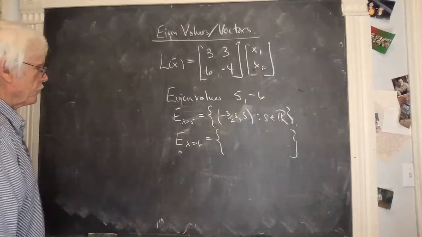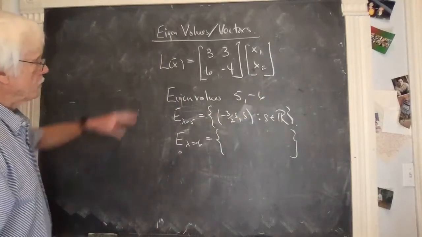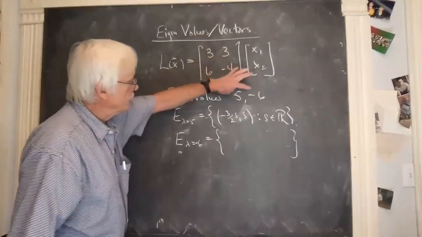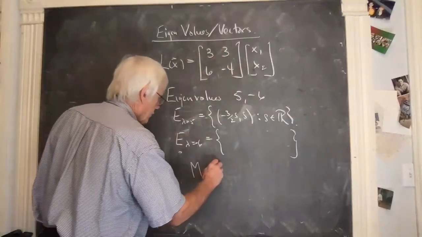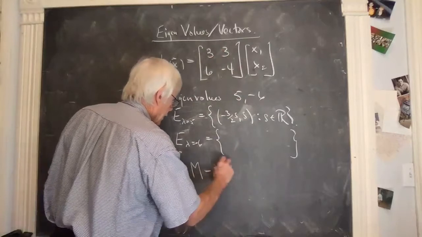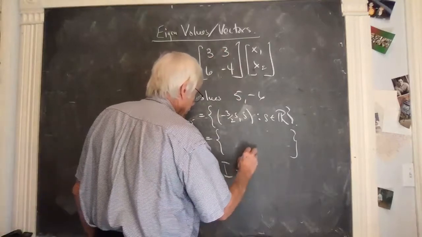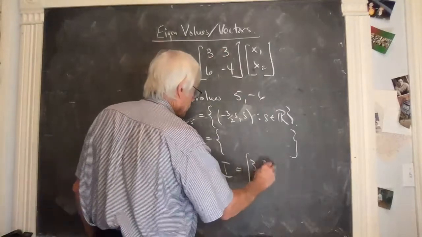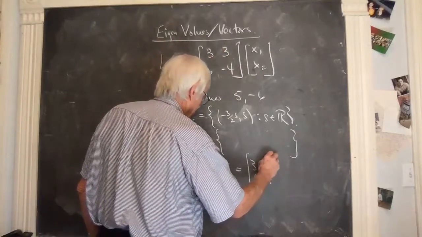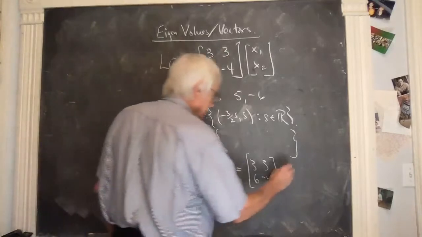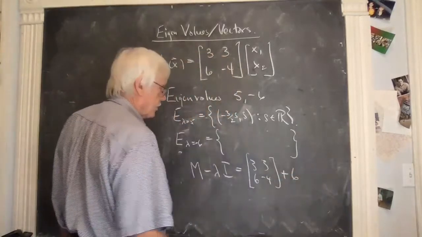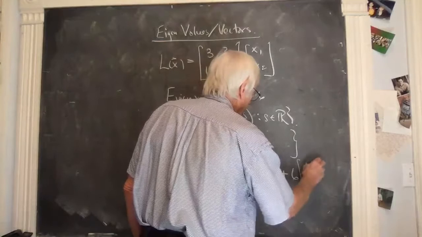Let's check out how to do that. So we want to look at M minus (-6) times I. So M minus lambda I equals this matrix, 3, 3, 6, minus 4, minus the A value, or lambda in this case, so that'd be plus 6, minus (-6) times the 2 by 2 identity.